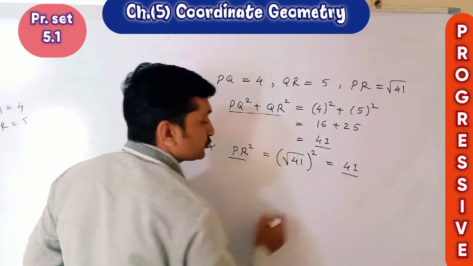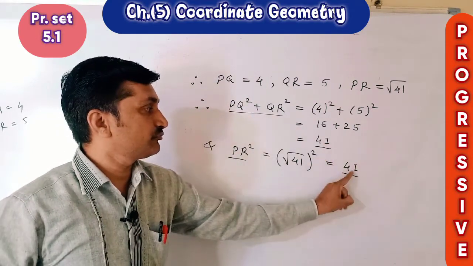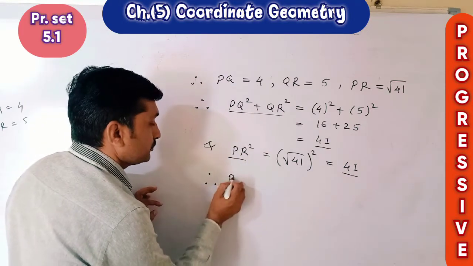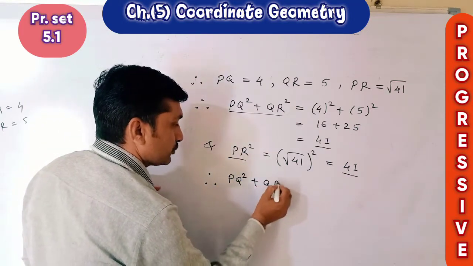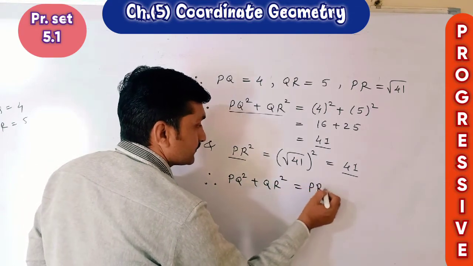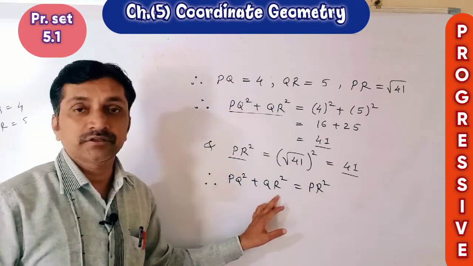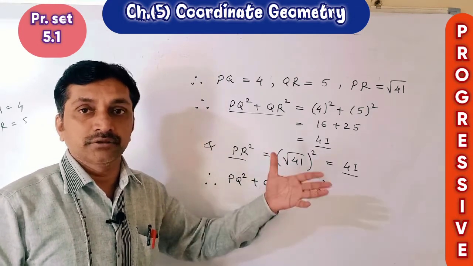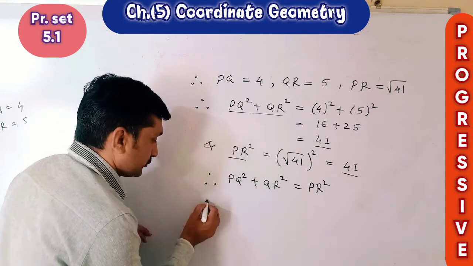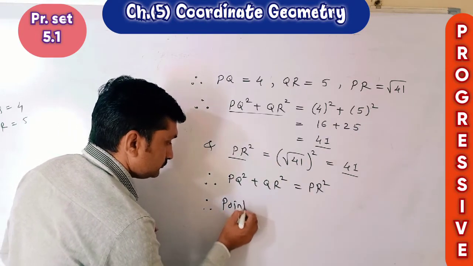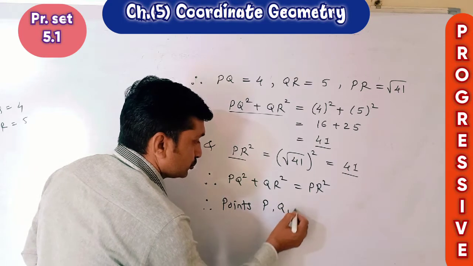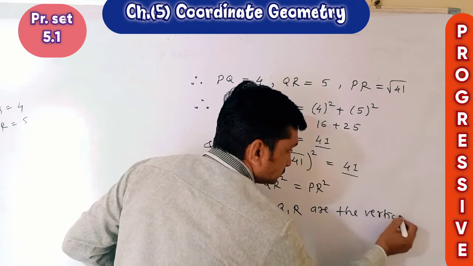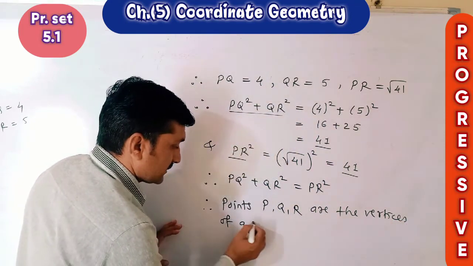Now here you see both right sides are equal, 41, and therefore left sides are equal. We can write here therefore PQ square plus QR square is equal to PR square, and therefore we can say that these are vertices of a right angle triangle by the converse of Pythagoras theorem. Therefore points P, Q, R are the vertices of a right angle triangle.